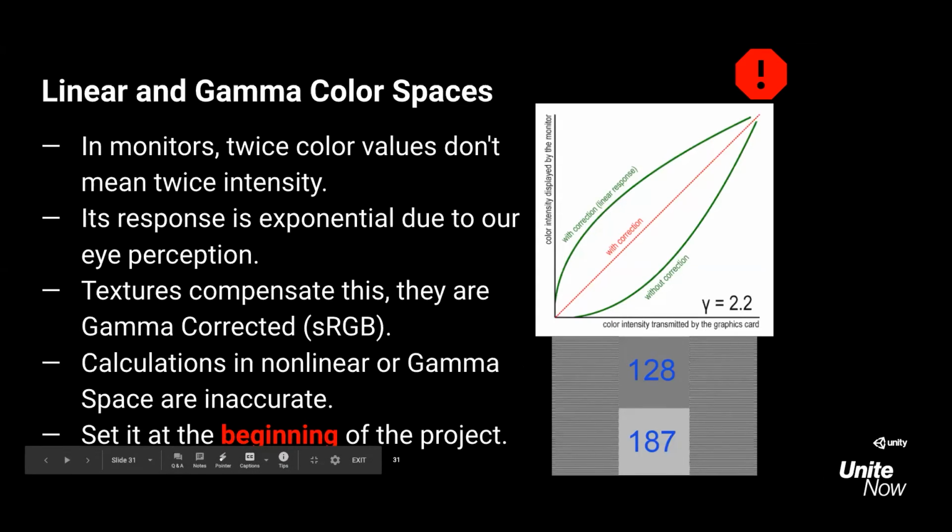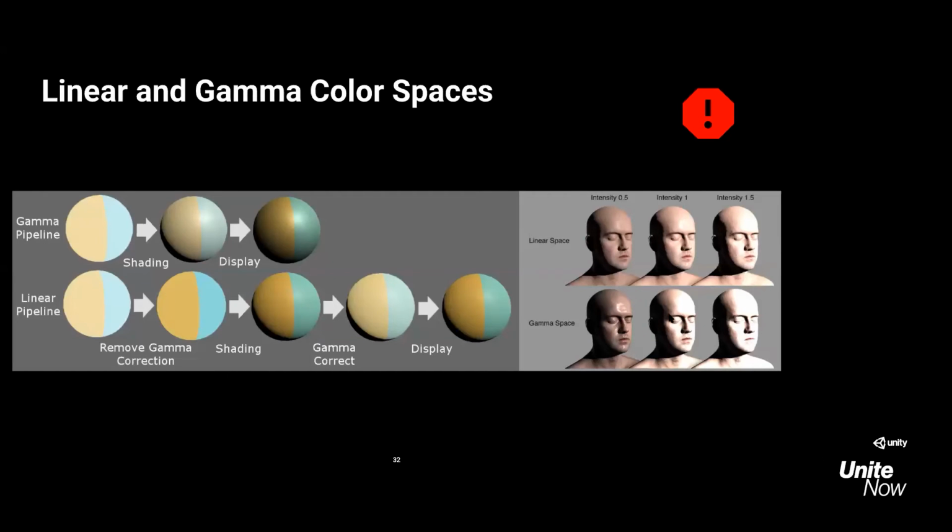So basically, when you switch to linear, all textures are converted from gamma corrected space, or sRGB, to linear space to do calculations nicer. That's the why. Again, if you don't get it right now, you will have time to investigate it later. For now, we are just going to see how it works easily.